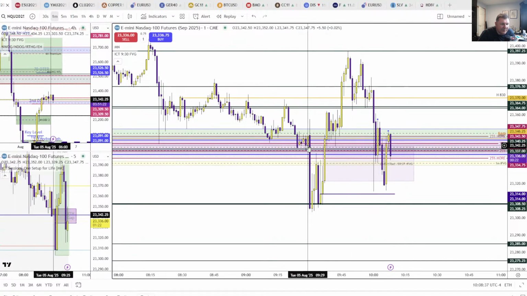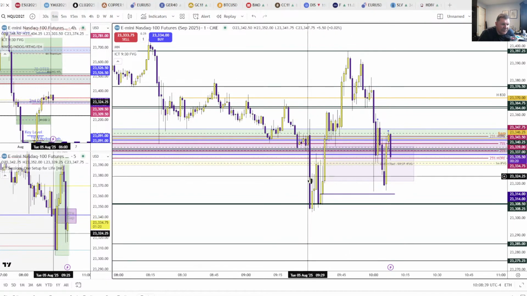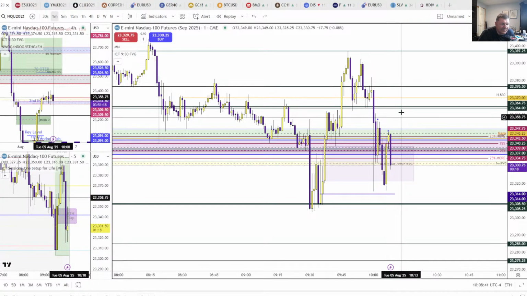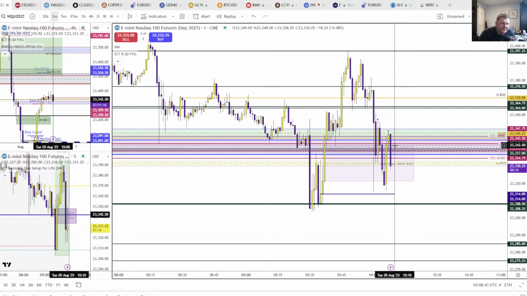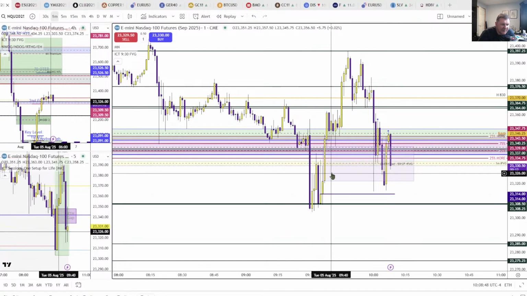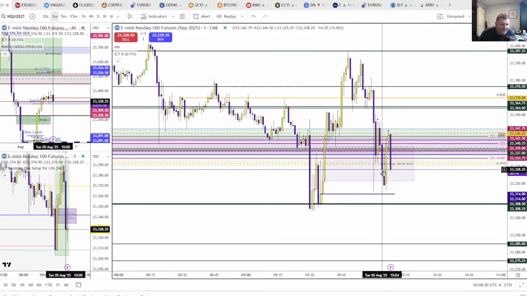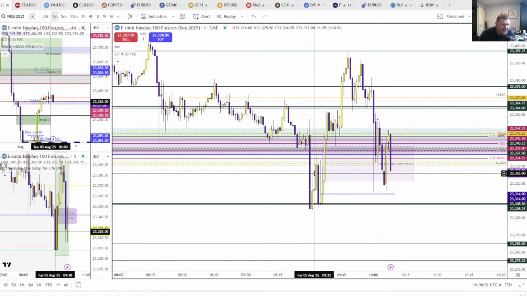So now we've run above this level on a close. This whole thing here becomes support to go higher. I wanted to see that hold, but it didn't. We're still inside this bigger one here. Right back to that little imbalance right there. And you go right there at 326. $326.